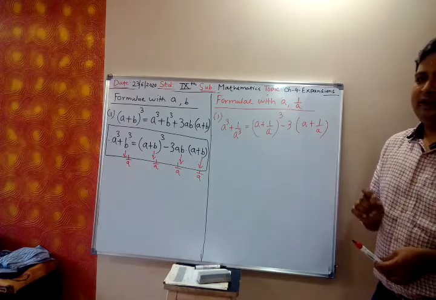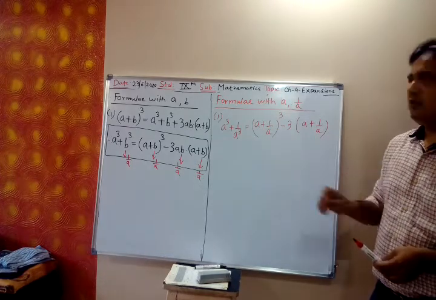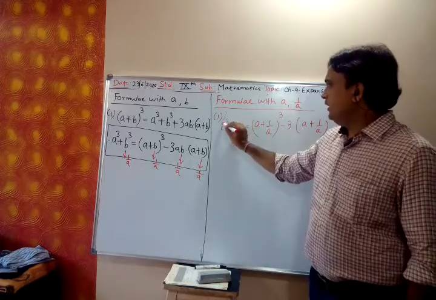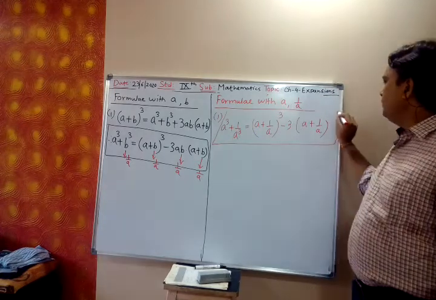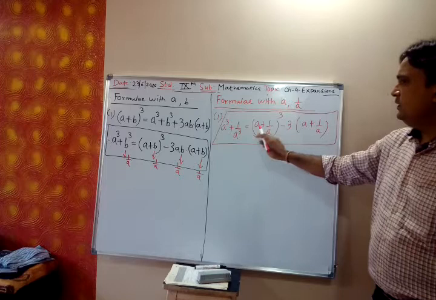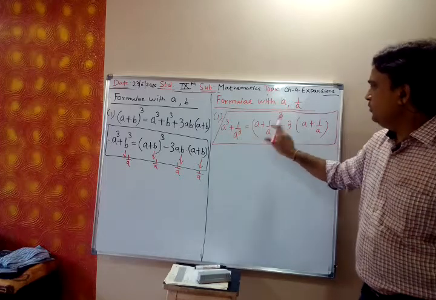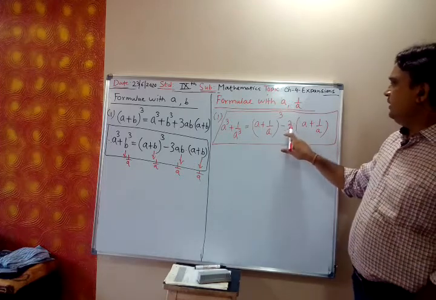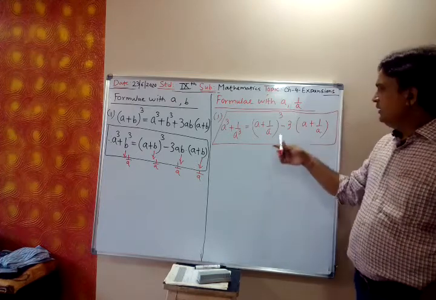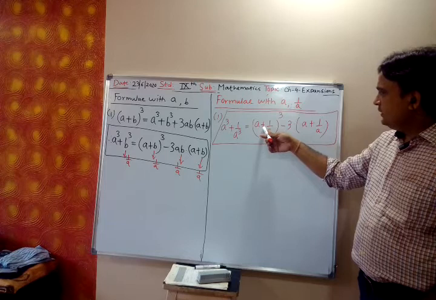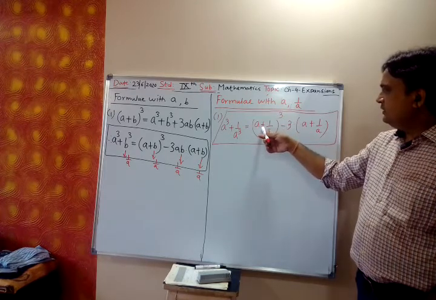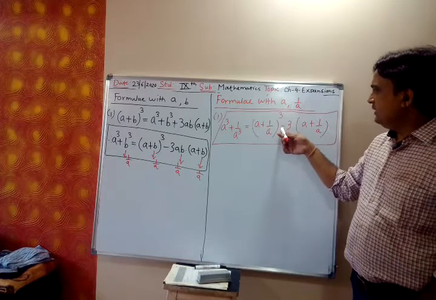Whenever we have a plus or minus sign, we cannot cancel numerator and denominator. So a cube plus 1 upon a cube is a plus 1 upon a whole cube minus 3 into a plus 1 upon a. How will you remember? When there is a plus sign inside, outside the bracket we have a minus sign.